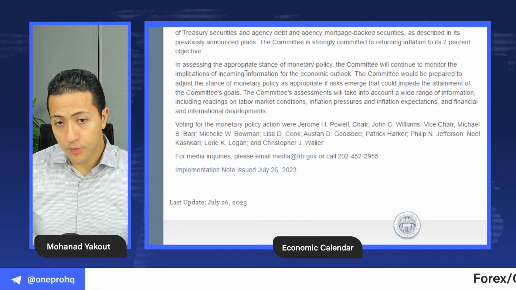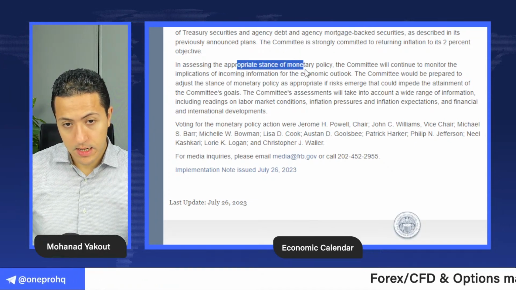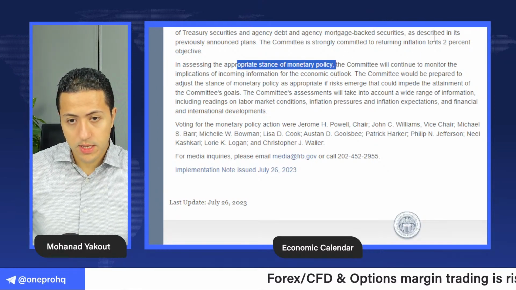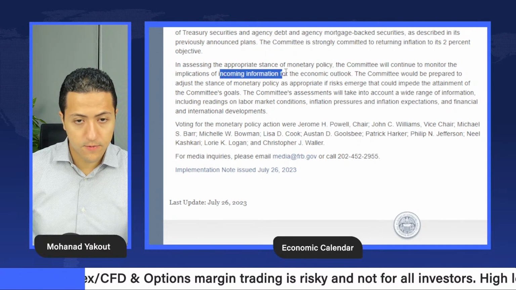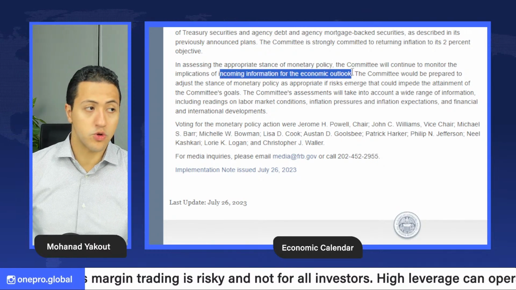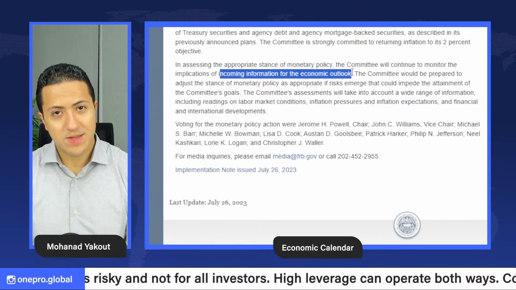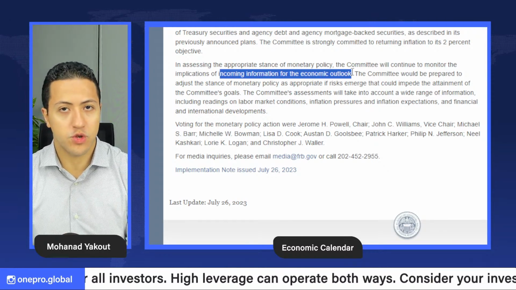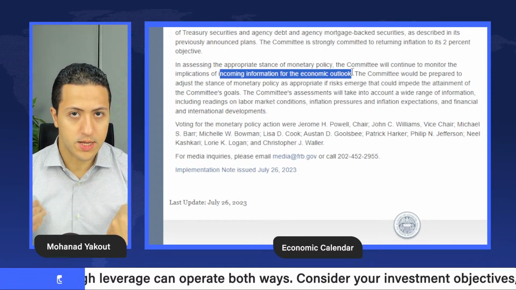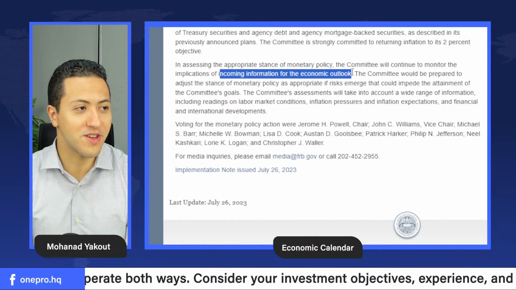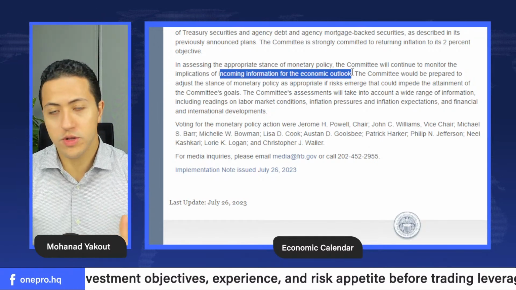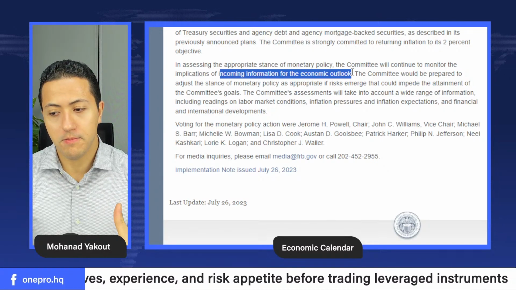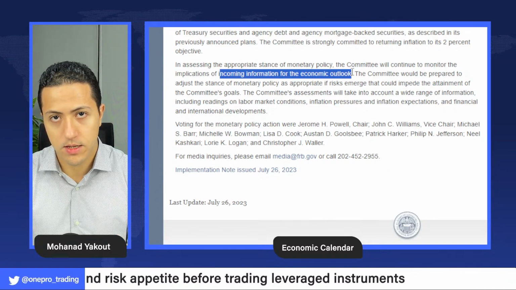In assessing the appropriate stance of monetary policy, the committee will continue to monitor the implications of incoming information for the economic outlook. The Federal Reserve has been doing something which is really bad for some time right now. Really bad for us as traders or investors in the market. However, it's the right thing to do, which is called data-dependent policy.